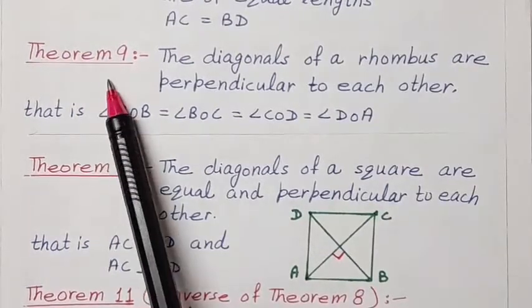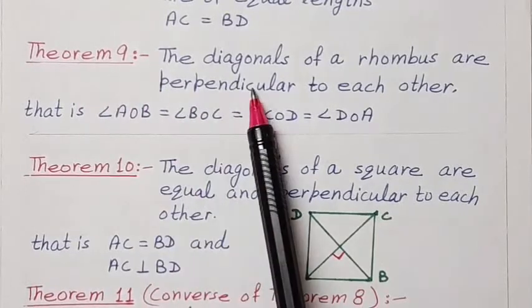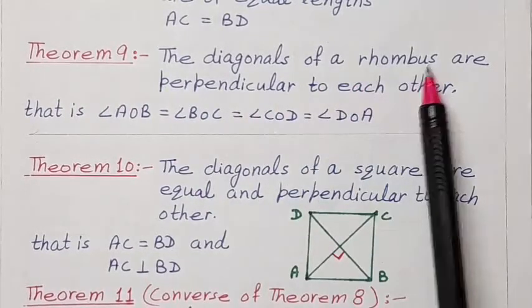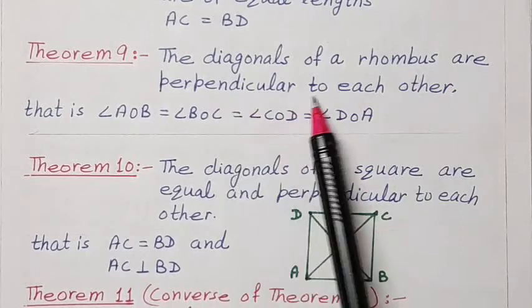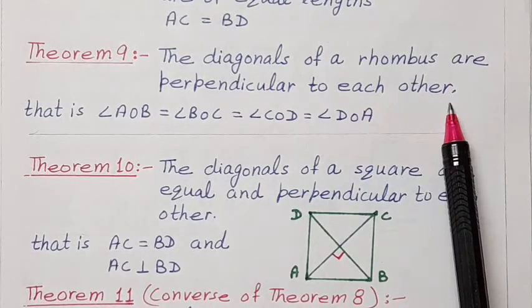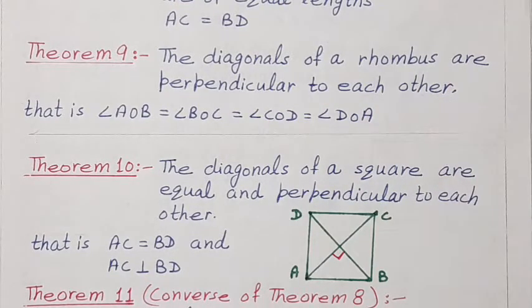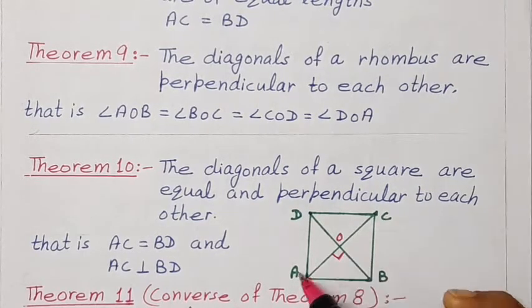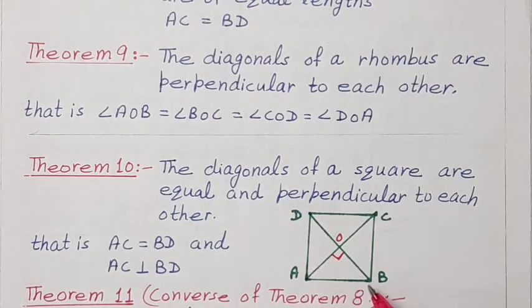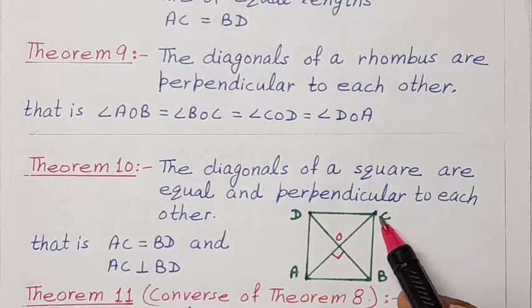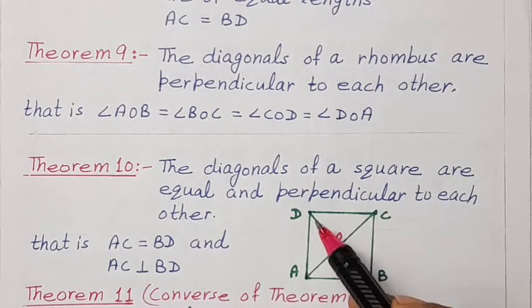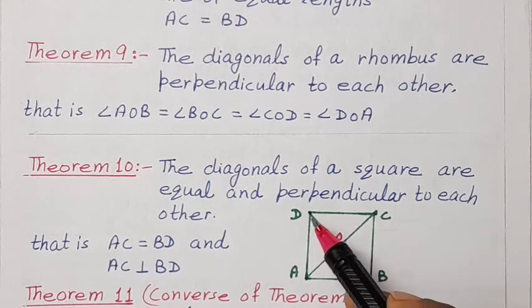Now, theorem number 9 is, the diagonals of a rhombus are perpendicular to each other. That is, angle AOB is equal to angle BOC is equal to angle COD and DOA.